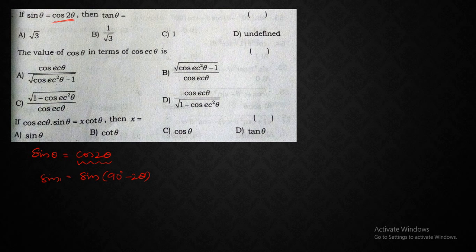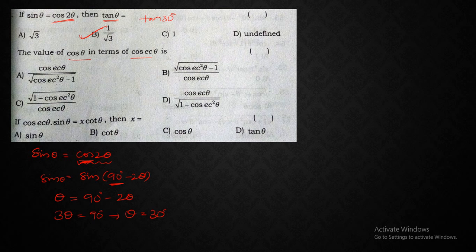Because if you want to compare cos and sine, simply change this cos to sine, by using the complement concept. So on comparison, theta is equal to 90 minus 2 theta. If I transpose this 2 theta, 3 theta is equal to 90 degrees, theta is equal to 30 degrees. So what did he ask? Tan 30 degrees. So tan 30 is 1 by root 3.